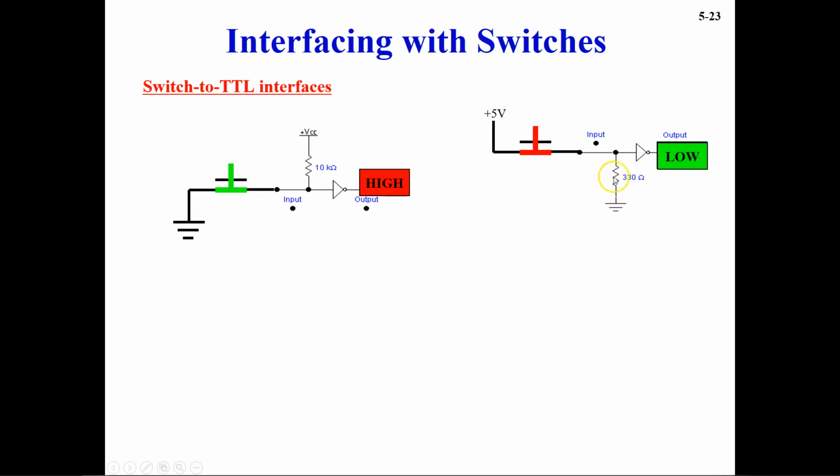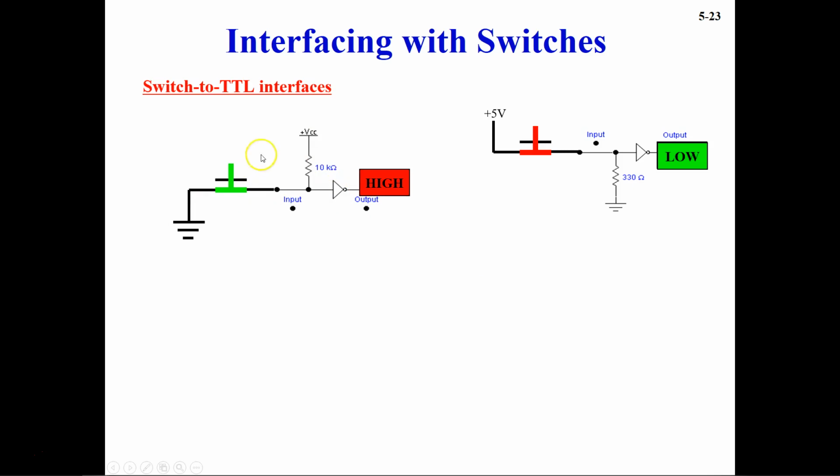And this resistor is called your pull down resistance because it pulls the input to the ground level or at a low potential. Now here the value of this pull down resistance is relatively low because the input current required by a standard TTL gate may be as high as 1.6 milliamps. And then you see these are the two cases.